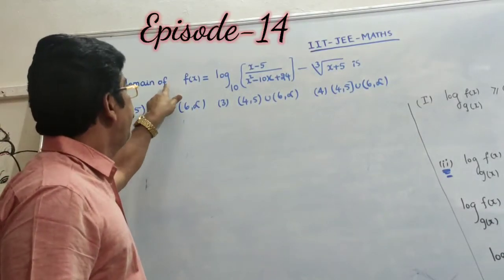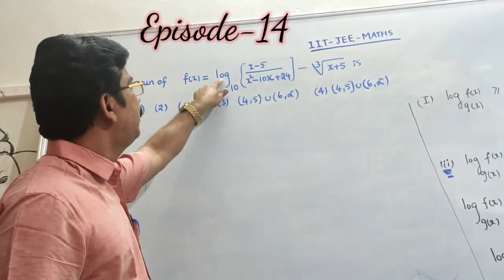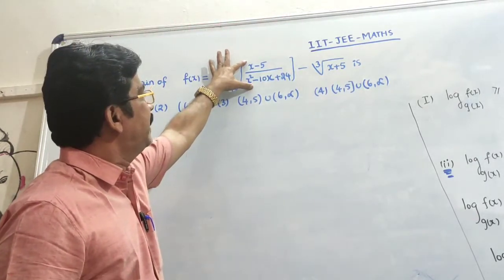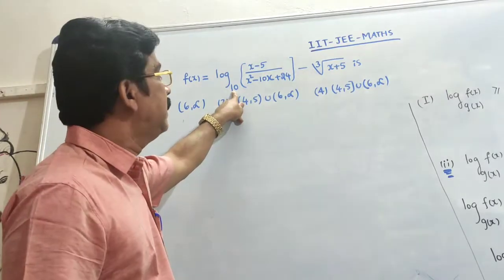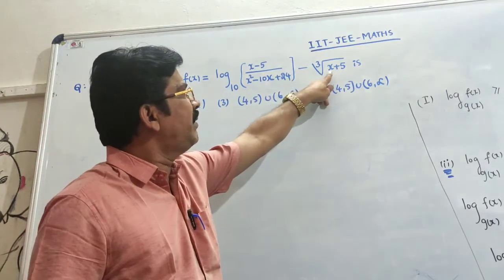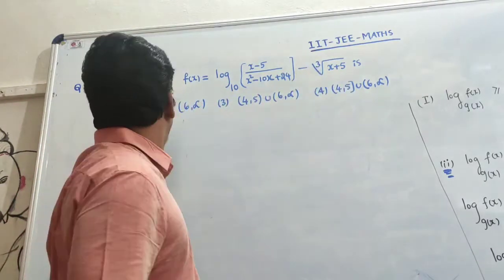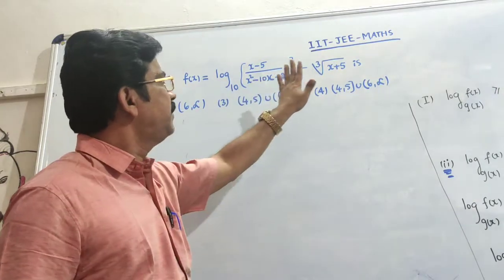Find the domain of f of x equal to log of (x minus 5) divided by (x square minus 10x plus 24) to the base 10, minus cube root of (x plus 5). First option, second option, third option, fourth option.